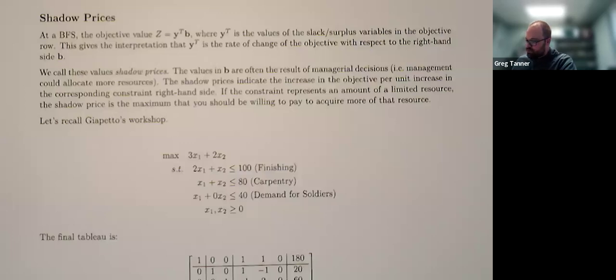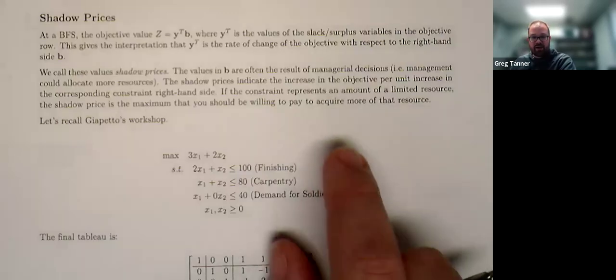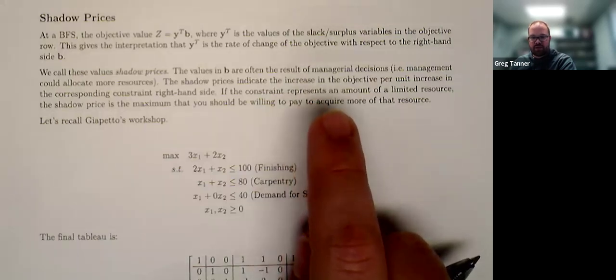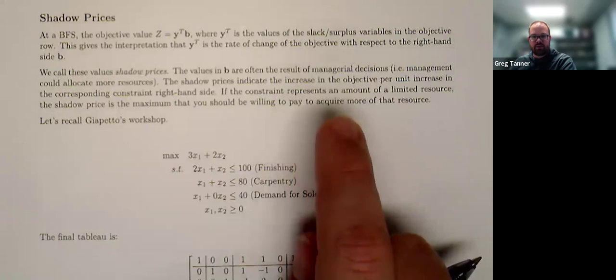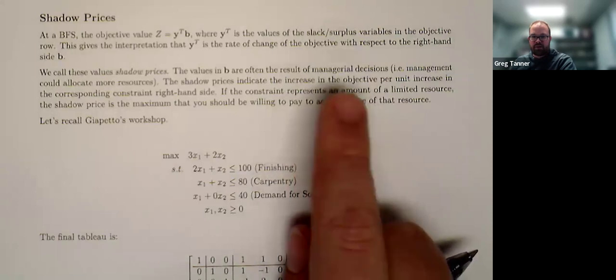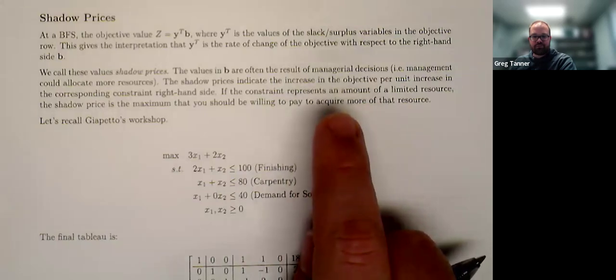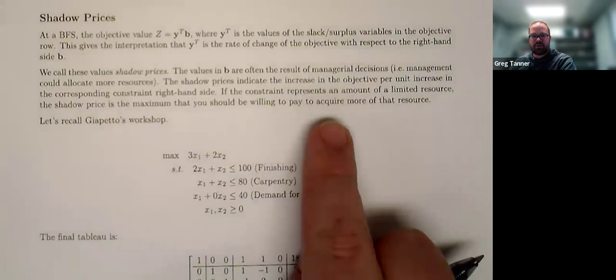So shadow prices, the values in the y vector, indicate the increase in the objective value per unit increase in the corresponding right-hand side of a constraint. If the constraint represents a limited resource, then the shadow price is the maximum that you'd be willing to pay to acquire more of that resource.